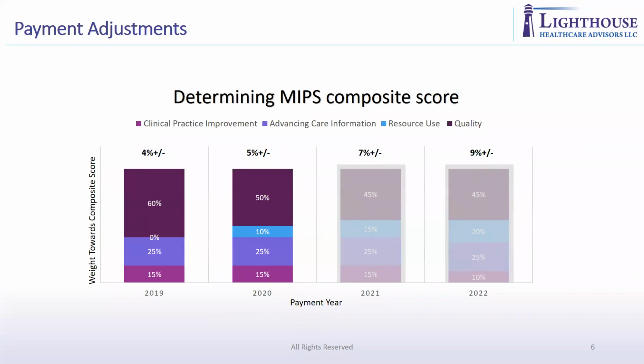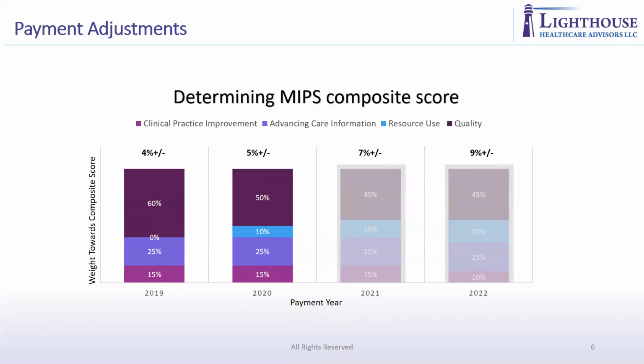In the 2020 payment year, which will be next year, the 2018 performance year, you're going to see that the composite score distribution shifts. So now the main change is that we're going to have 10% of that score due to resource use or cost and 50% due to quality.